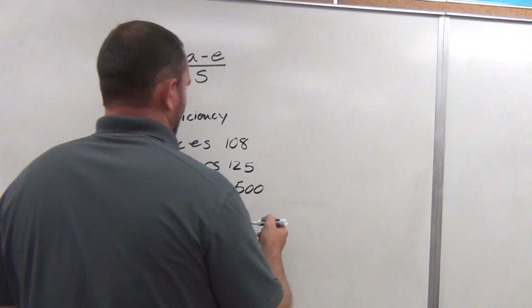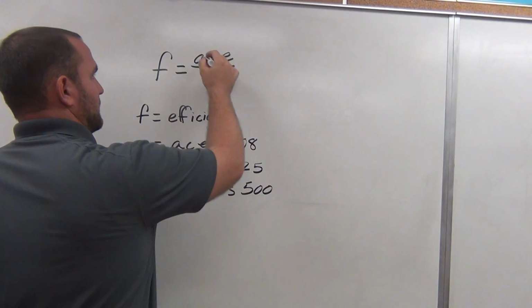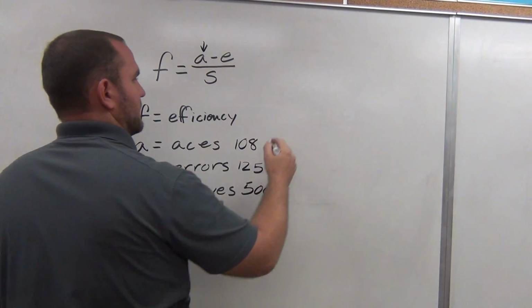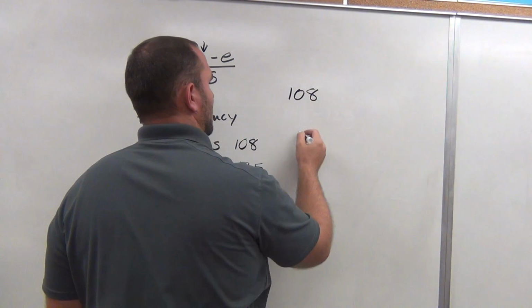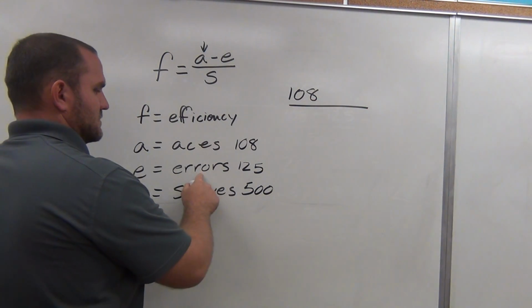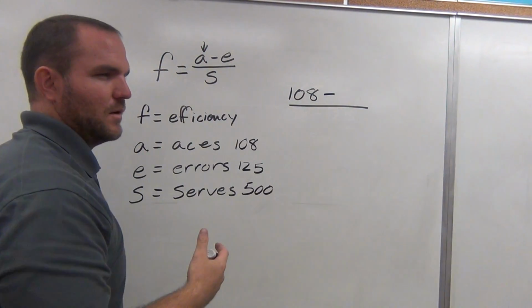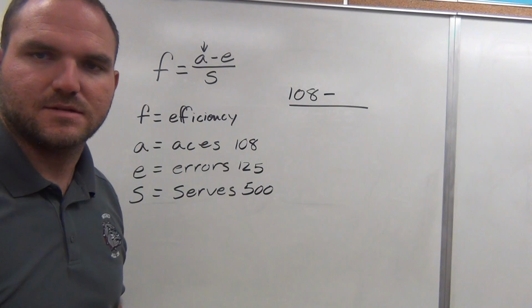So if we were working with this, I have aces, which is 108. I'm going to replace this A with 108. I'm going to go ahead and set my line here. Now we have errors, which we have a subtraction. When you have a formula, the subtraction is going to stay there.